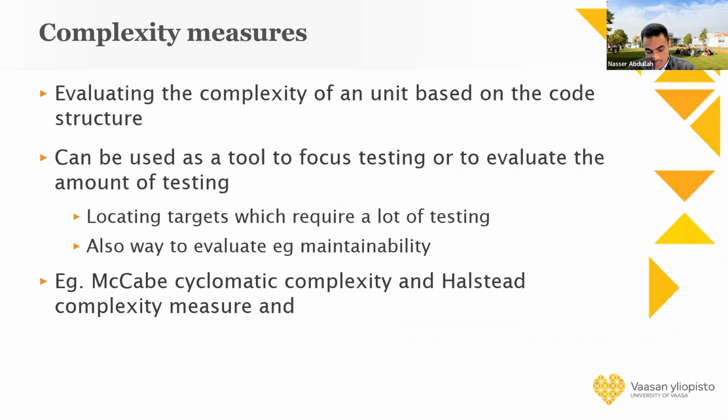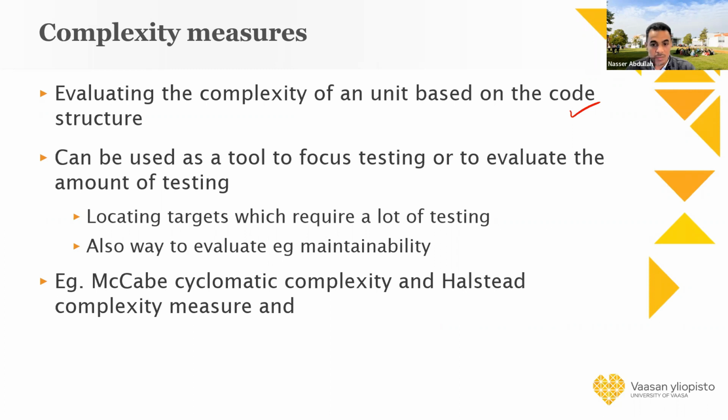Okay, the complexity. Guys, remember last time we talked about cyclomatic complexity? So this is exactly that. But what is the relation between the complexity and the amount of testing? Complexity is the measurement that shows how complex your code is, and which part is more complex than other parts.